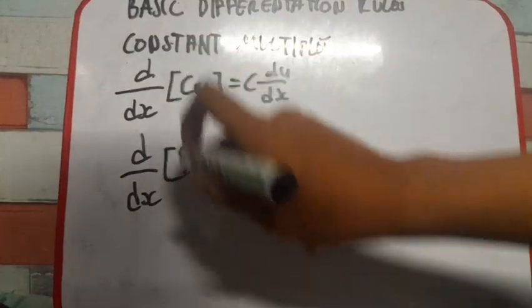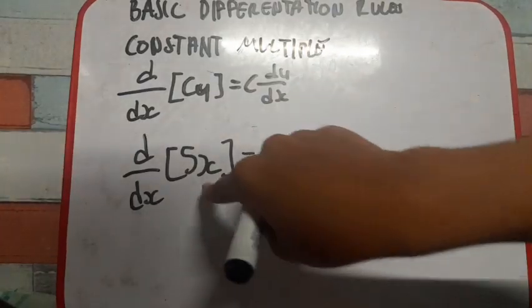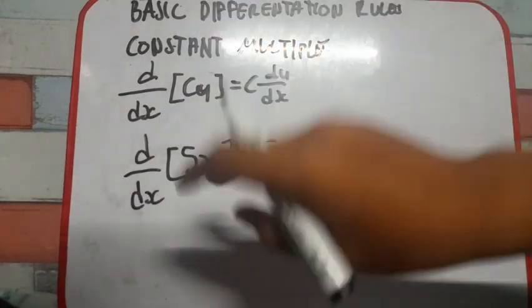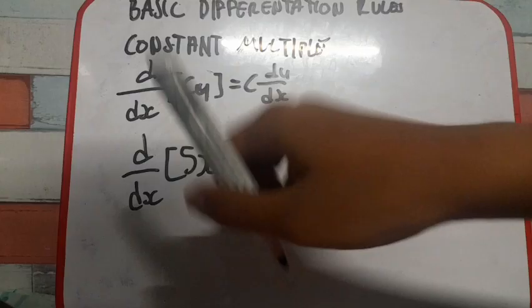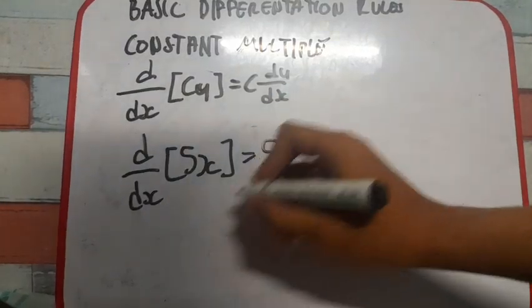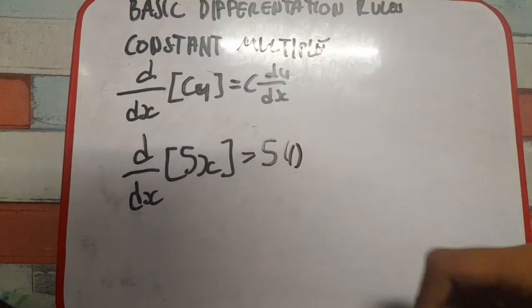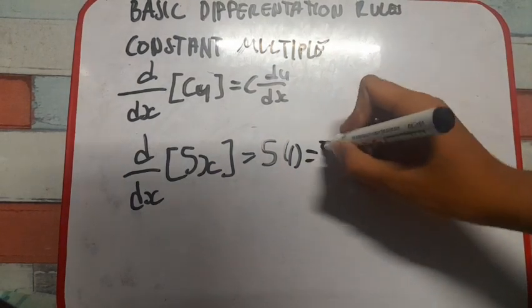The 5 as a constant will stay, and we need to find the derivative of x, which is 1, and simplifying that we get 5.